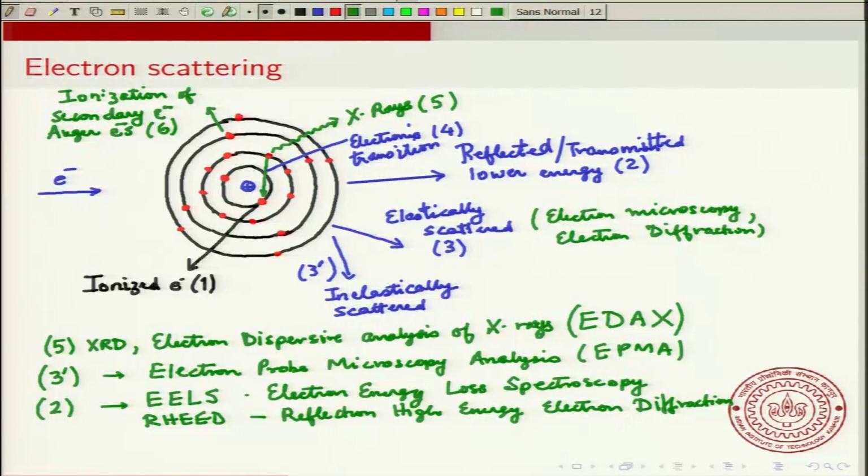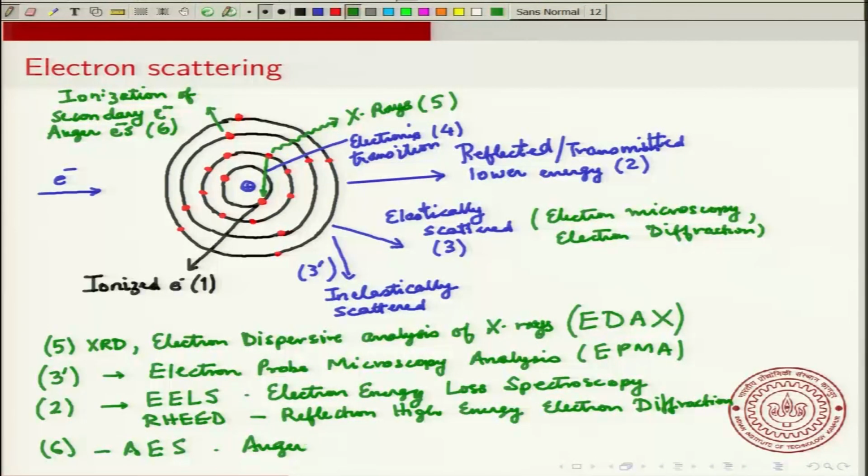So really what we see is that when this electron hits a sample, there are a lot of things that can happen, and I have shown only some of the techniques. I emphasize that there are several other techniques. For example, this 6 leads to Auger electron spectroscopy.